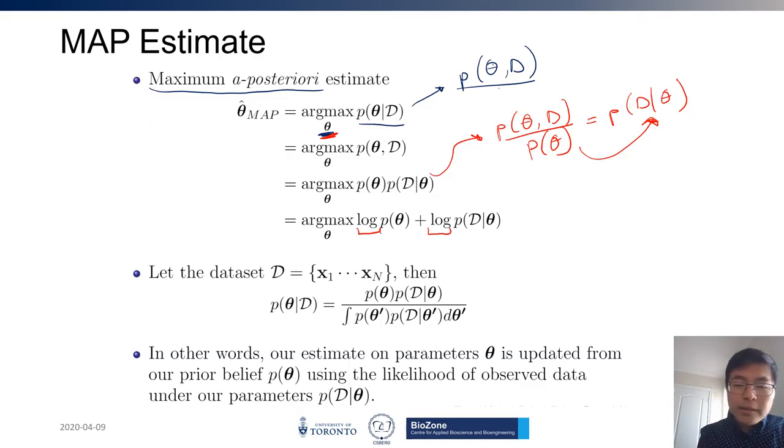Why are these two terms equivalent? Well, because taking the log doesn't actually change where the maximum is. You're still trying to find the maximum over theta. Taking a log doesn't change where that theta is. And again, similar to what I said on the last slide, you take the log to stabilize these terms.